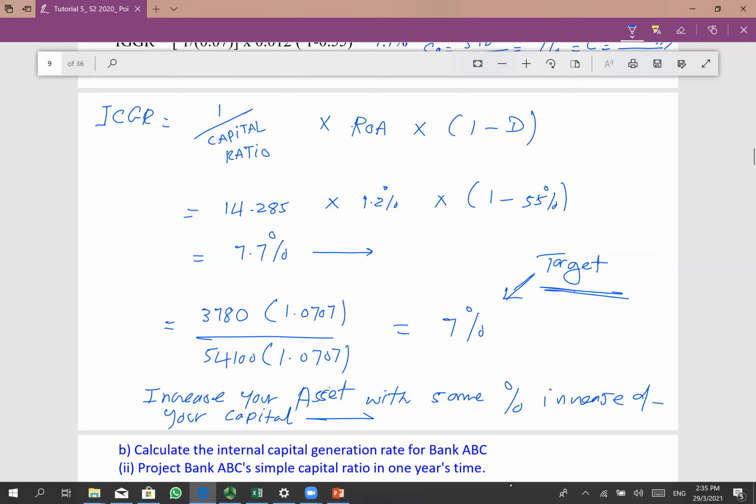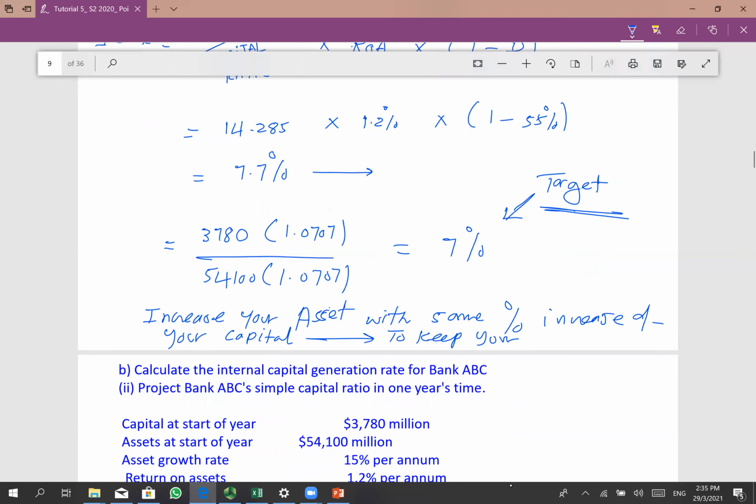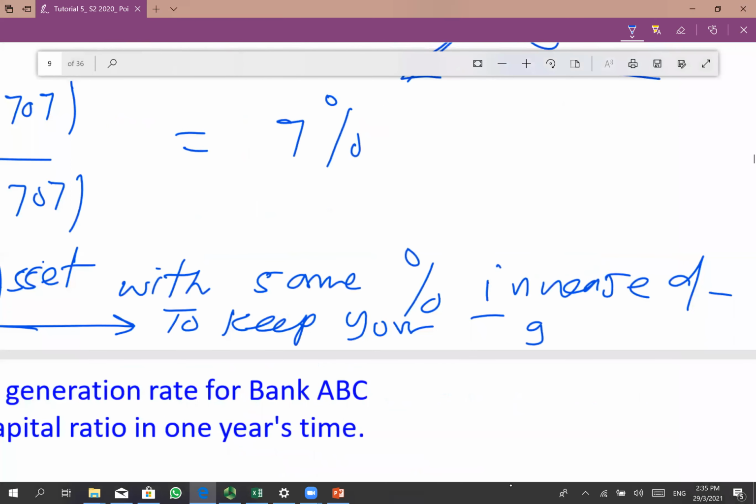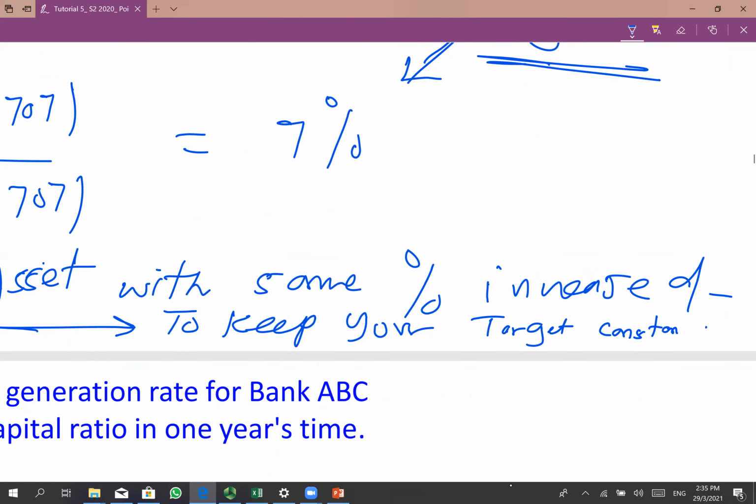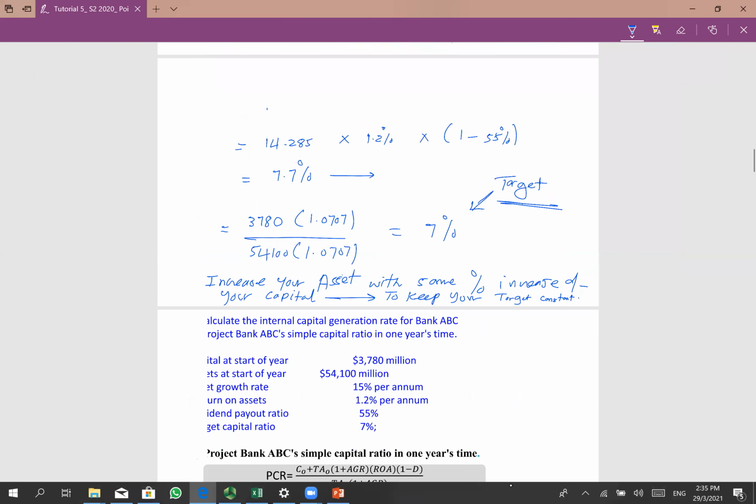Why? To keep your target constant. That's it. This is for this model.